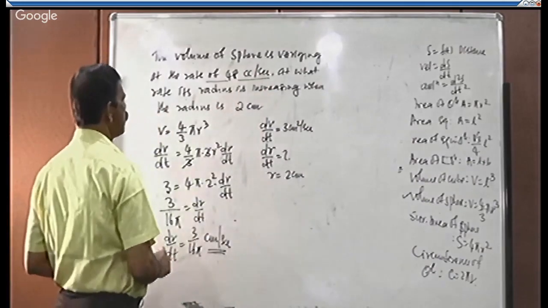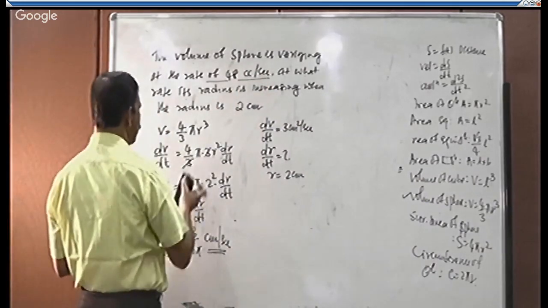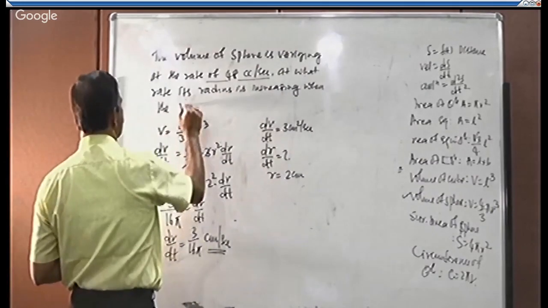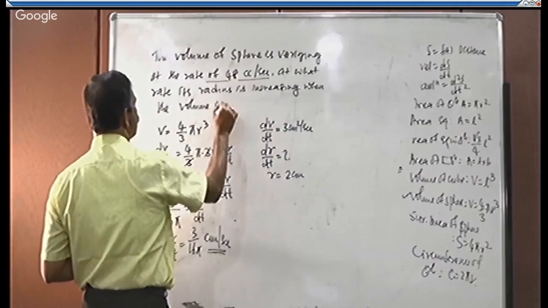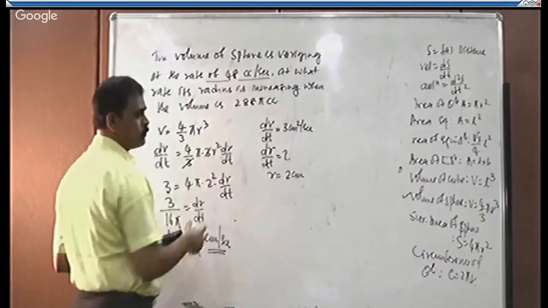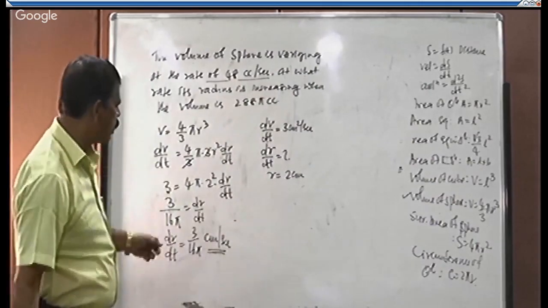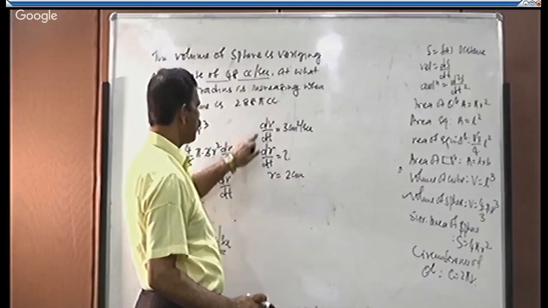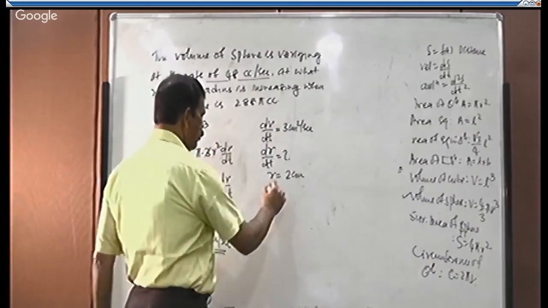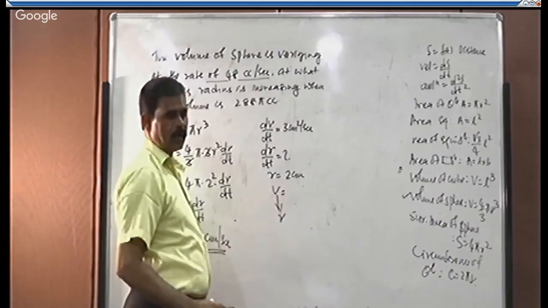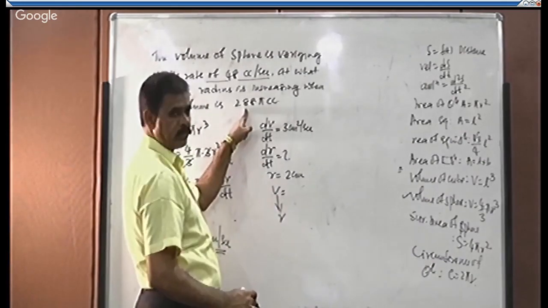At what rate is its radius increasing when the volume is 288 pi cc? Instead of giving the radius, what have they given? Volume. With a particular volume, we have to calculate the radius, right?